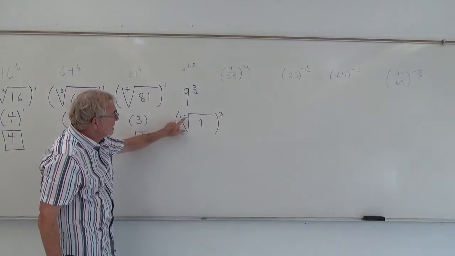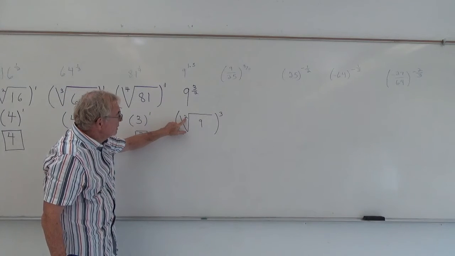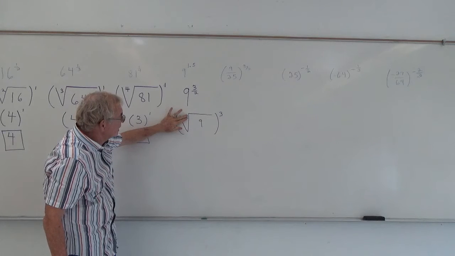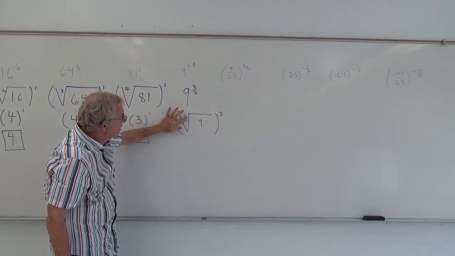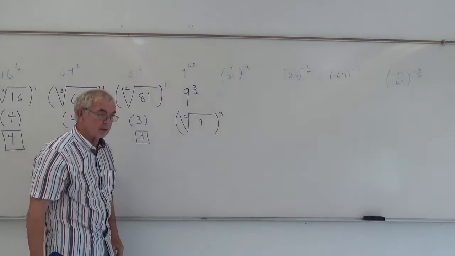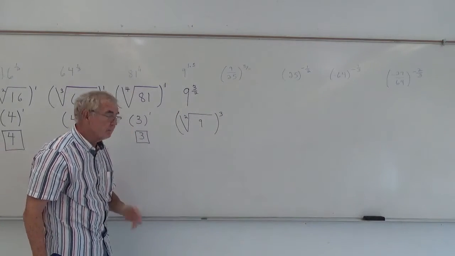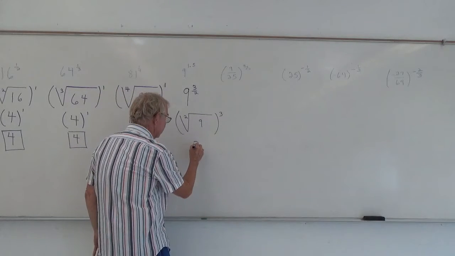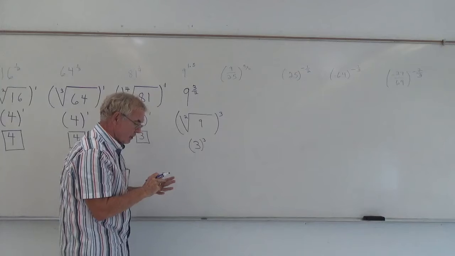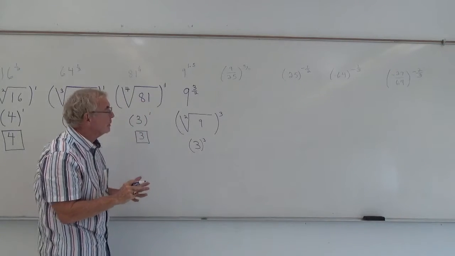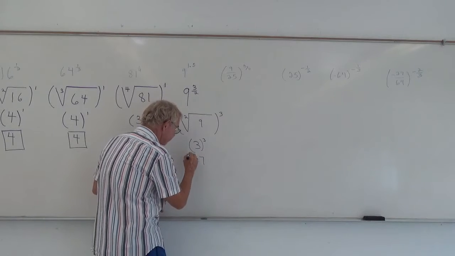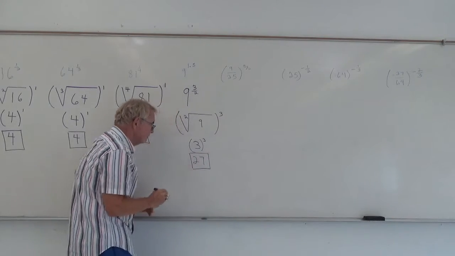Now, what's that mean? That means the same as the square root of 9, so you don't even need to put that there. Remember, that 2 is understood to be square root. The square root of 9 is 3. And what's 3 cubed? 3 times 3 is 9, times 3 is 27. Okay?